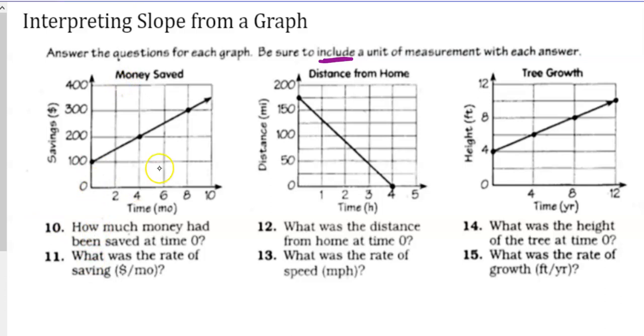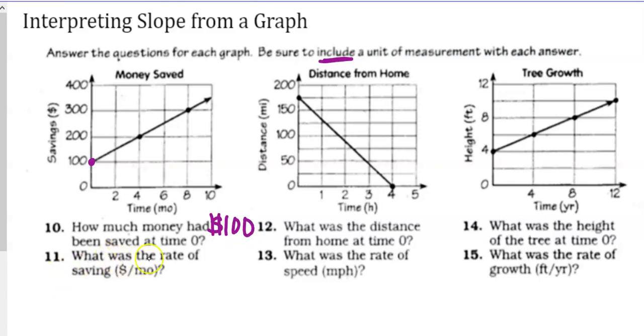So here's our graph. So on the x-axis is time in months. On the y-axis is savings in terms of dollars. So it's talking about money saved. How much money had been saved at time 0? Well, time 0 is here, which would give me this order pair. So that would give me $100 saved. Okay.